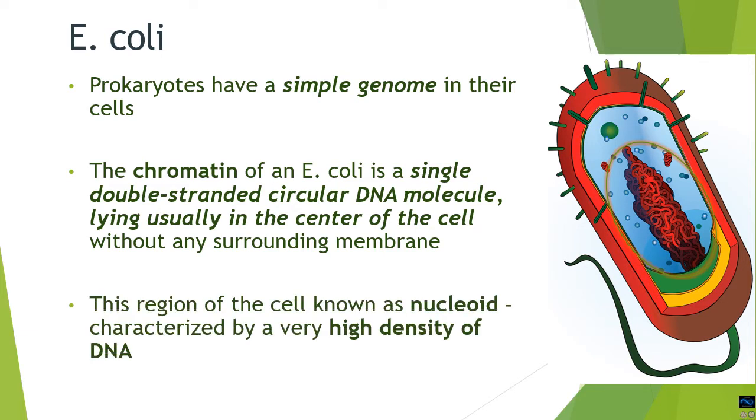The region where the genetic material is compacted within the E. coli cell is very dense in DNA and is called the nucleoid, as seen in this diagram in the middle of this region.